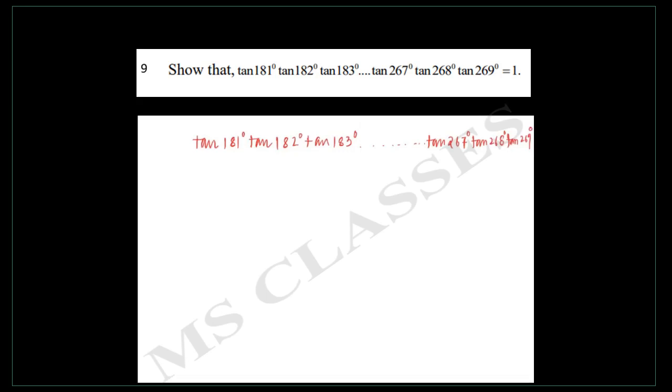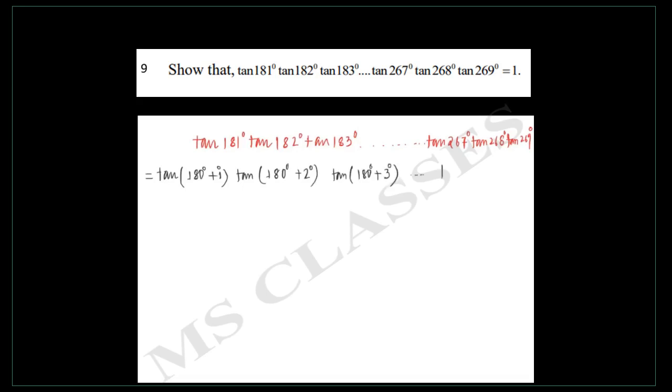Now children, here if we observe these numbers properly, we can see a pattern. It is actually tan 180 plus 1. Next one, tan 180 plus 2 degree, and 180 plus 3 degree, and so on.